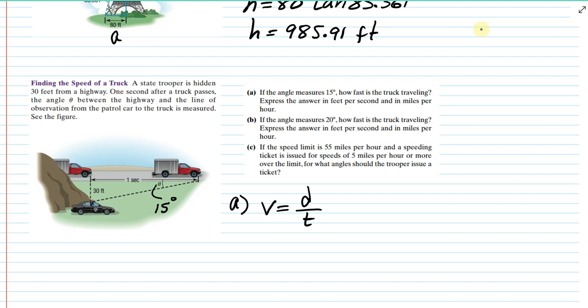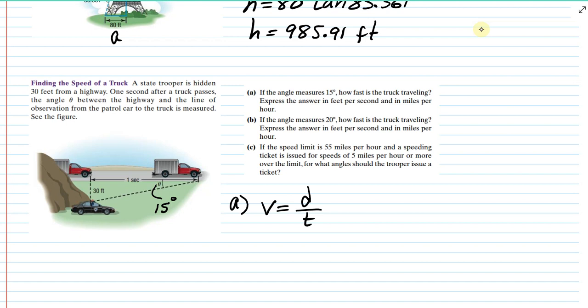In the next chapter, when we talk about vectors, it turns out that velocity has both magnitude, which is the speed of the moving object, and also a direction. For example, if the truck is going eastbound, I can represent that velocity using a vector with magnitude and direction. We'll discuss this in the next chapter.